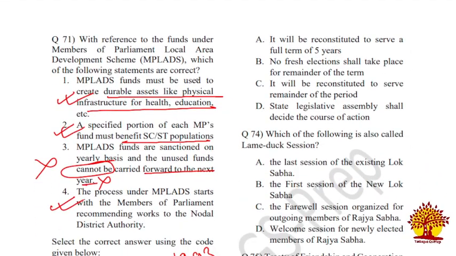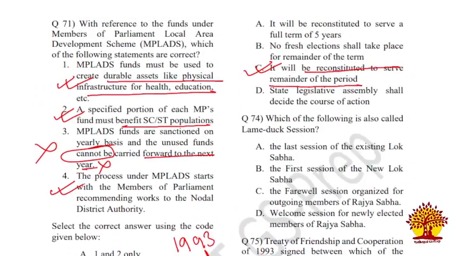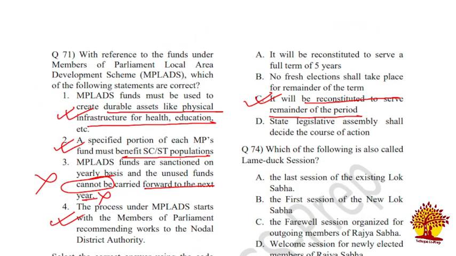Here correct answer is option C. It will be reconstituted to serve for the remainder period, not a full period, only for the remaining period of 3 years it will serve. After 2 years of dissolution, the new constituted panchayat will serve only for remainder of period. Option C is the right answer.